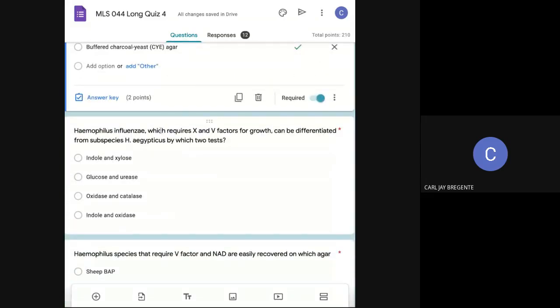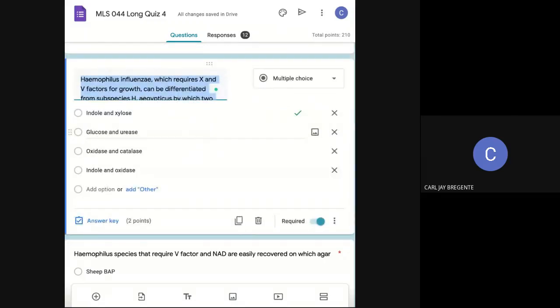Next, Haemophilus influenzae, which requires X and V factors for growth, can be differentiated from H. aegyptius by which two tests? You have there indole and xylose.